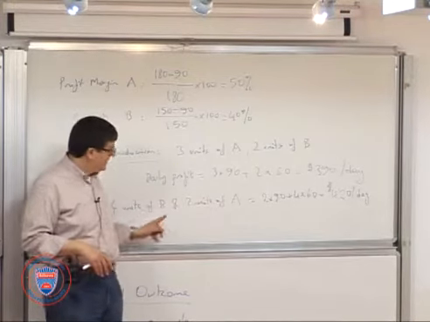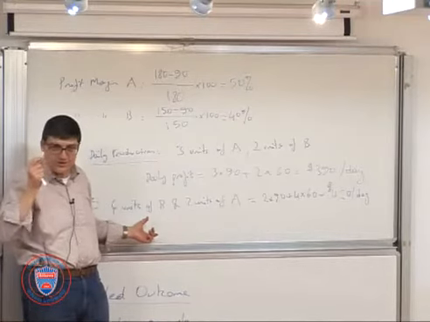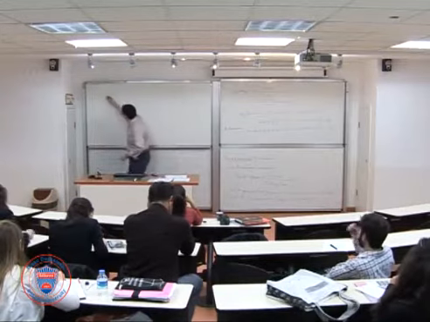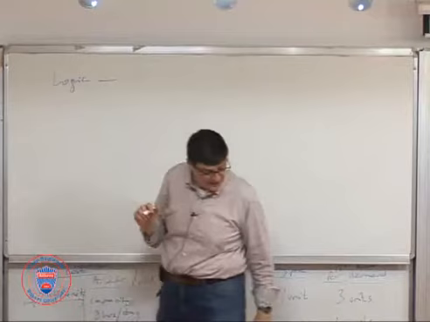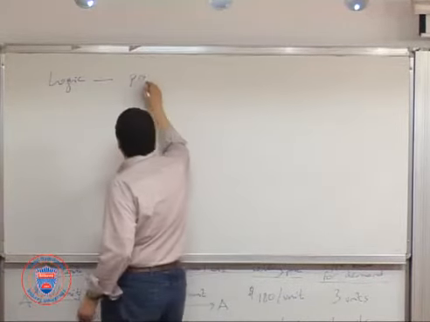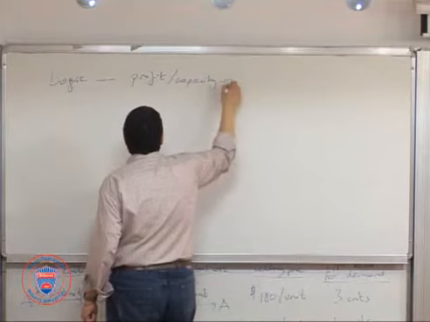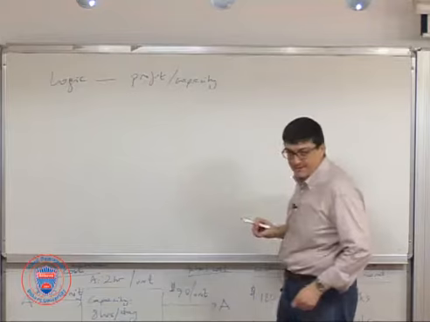So this is basically an approach which takes capacity into consideration. So let me change the logic, and compute profit per capacity.